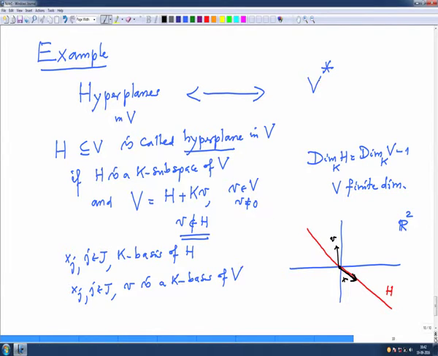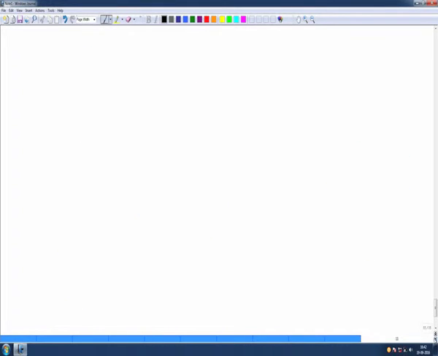How do we get a non-zero linear form? Suppose H is given, a hyperplane in V. That means I have V equal to H plus K v, where v is not in H. If v is not in H, v cannot be 0 also.